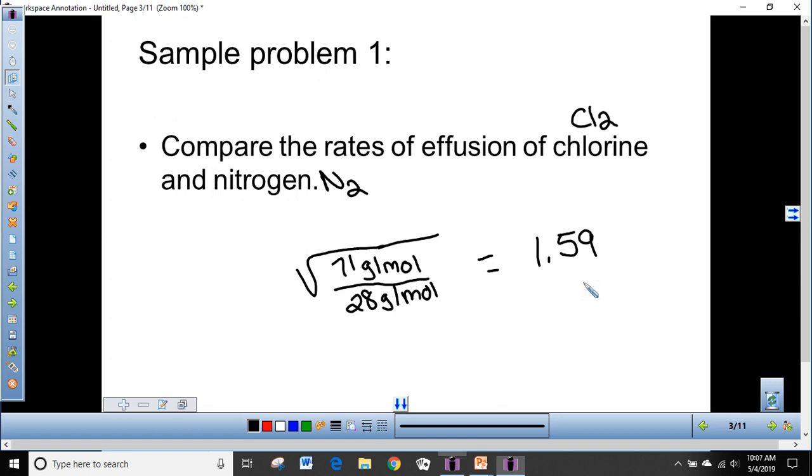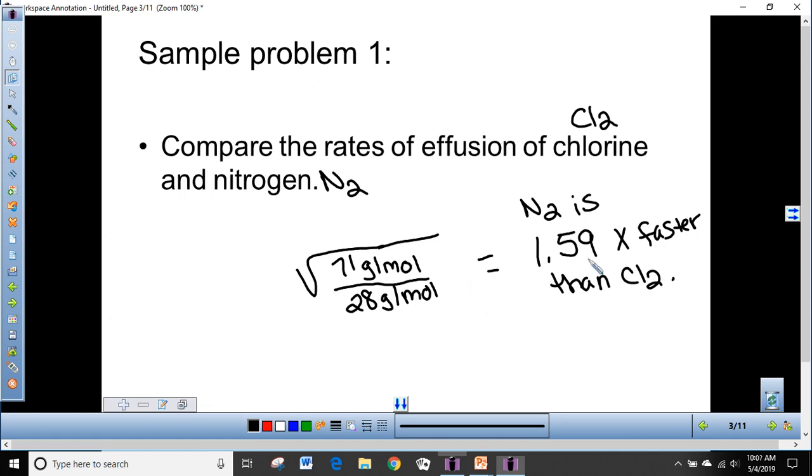So which one is the lighter gas? Well, nitrogen. So we would say N2 is 1.59 times faster than chlorine. That would be our sentence for our comparison. So it's a pretty easy formula; we just have to write the sentence if it asks us to compare.